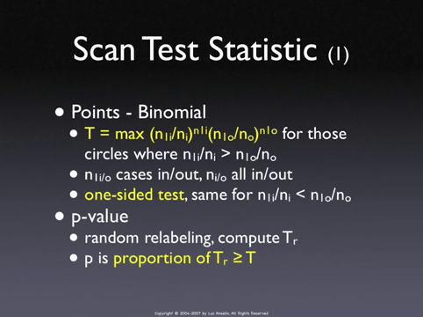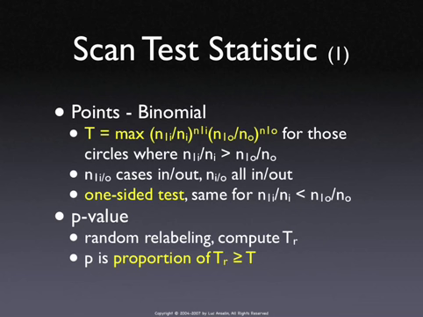And this is basically looking at the proportion of the cases inside over the total number of points inside, to the power, this is where the binomial comes from, of the number of cases inside. And the same thing for the ones outside.